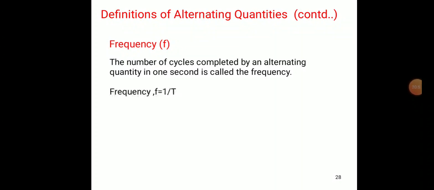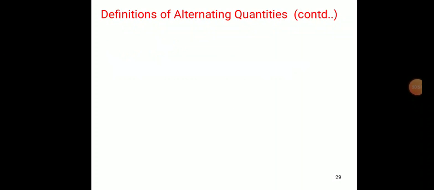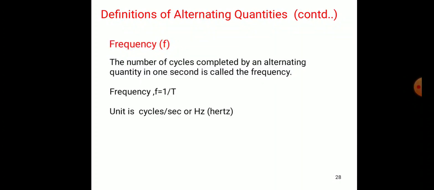Next, another important one is the frequency. You already know the frequency: the number of cycles per second. It tells how quickly the alternating waveform is changing. The number of cycles completed by an alternating quantity in 1 second is called the frequency.